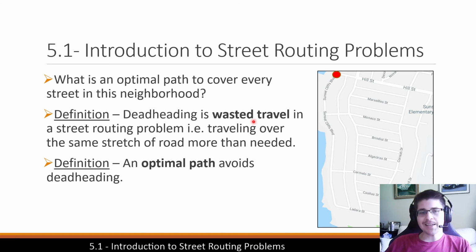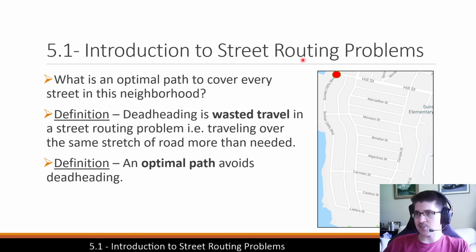But before we get into all the ways of answering these questions, we're going to talk about a lot of terminology in graph theory, because we're not just going to be using this in this chapter, but in every chapter up until chapter 8. And an optimal path avoids deadheading. So basically, if we could have zero deadheading, that's what we'd want. Because if I'm patrolling this neighborhood in an efficient way, hopefully I don't have to go down any street twice.